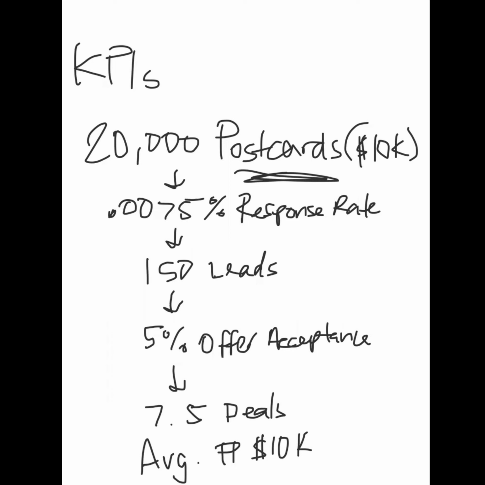So what you're looking at is 20,000 individuals that you're going to send postcards to. All right. This is a one-time event. So at one time, you're sending 20,000 postcards. That's going to cost you somewhere around $15,000 to send 20,000 postcards front and back. Okay.